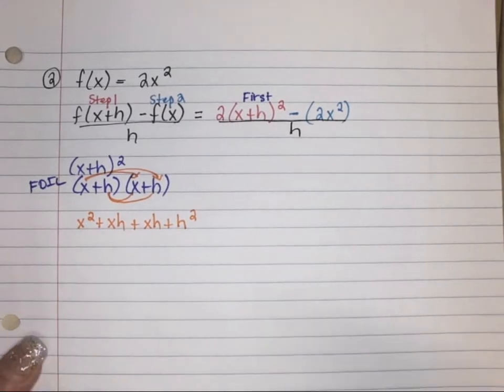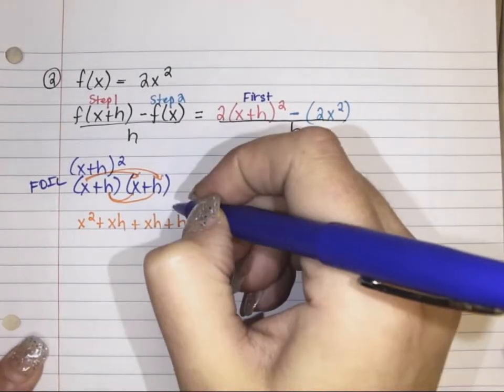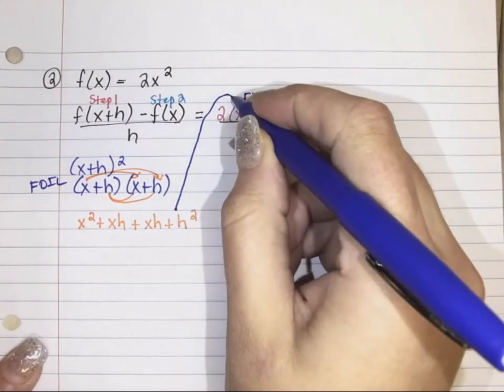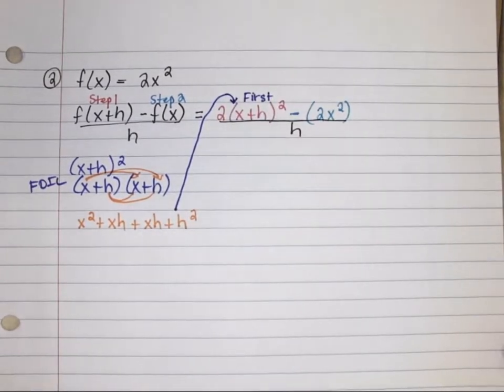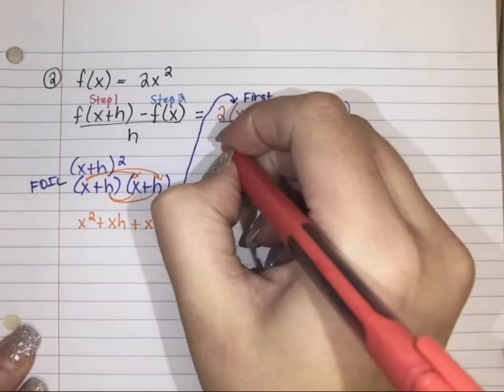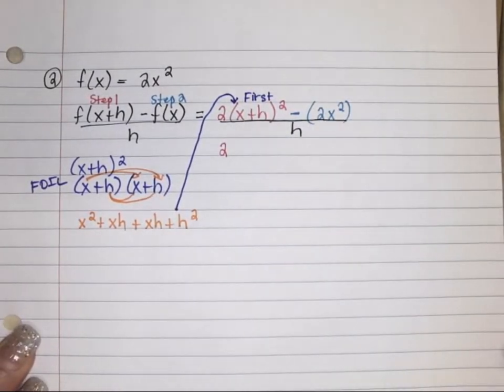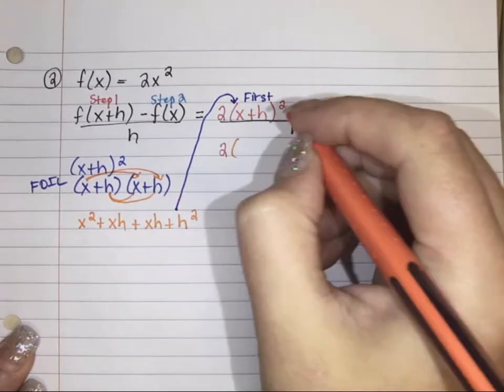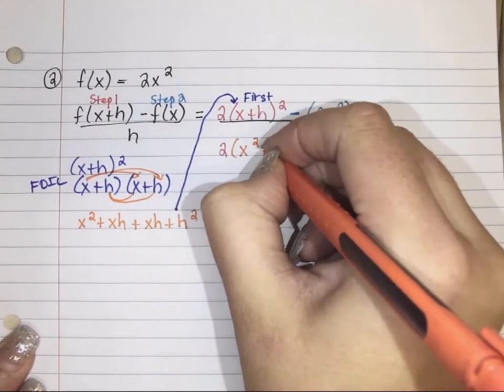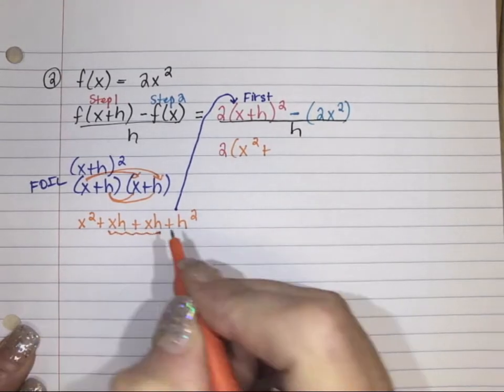Then we have to go back and plug that in, the x plus h squared. And you still have the 2 that's out front. So we have x squared, and let's go ahead and combine like terms.